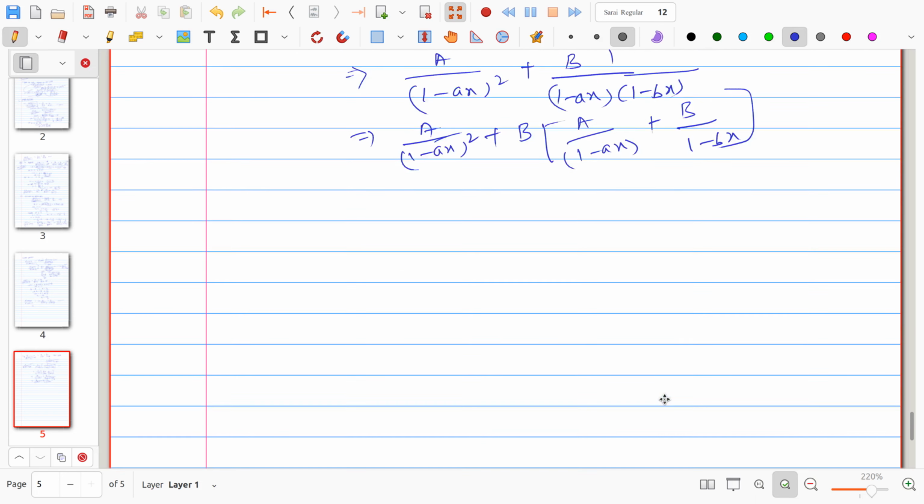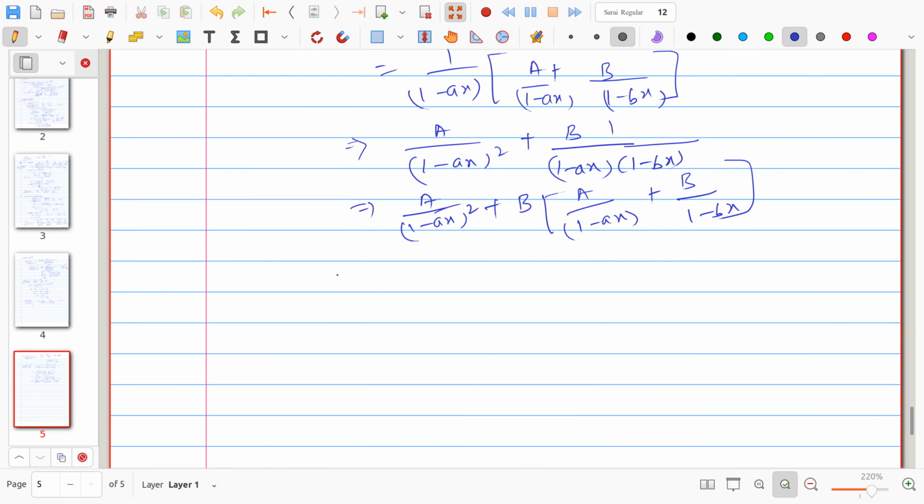So now we can write a divided by 1 minus ax whole square plus ab, multiplying this a into b, ab divided by 1 minus ax, and b into b is b squared divided by 1 minus bx. This is the final form of the equation.